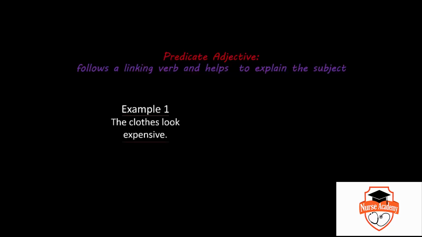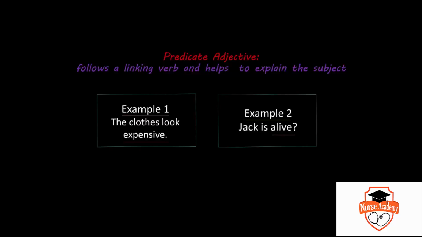It follows a linking verb, which is look, and it helps to explain the subject. And what are we explaining? We're explaining that the clothes are expensive. That is the first example. The second example that we can discuss would be, Jack is alive. In this instance, what is Jack? He is alive. So alive is your predicate adjective.